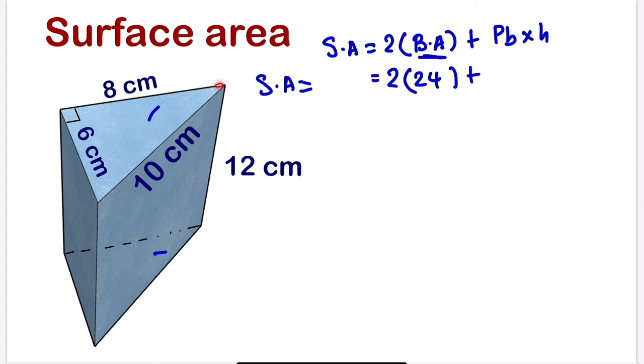plus the perimeter of the base. So we are going to have 8 plus 6 plus 10, in brackets, times the height of the prism, which is 12.